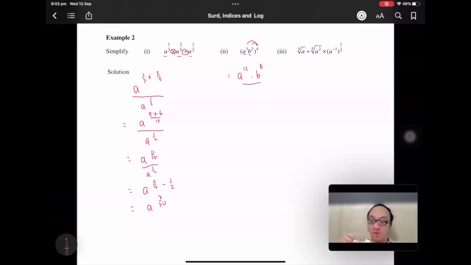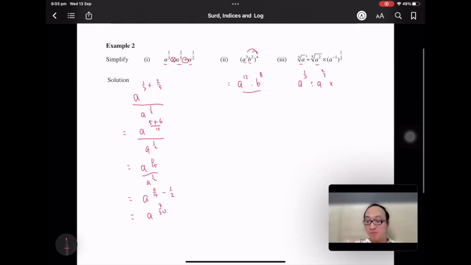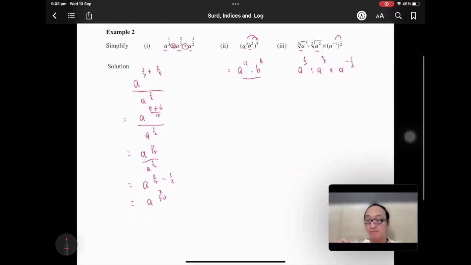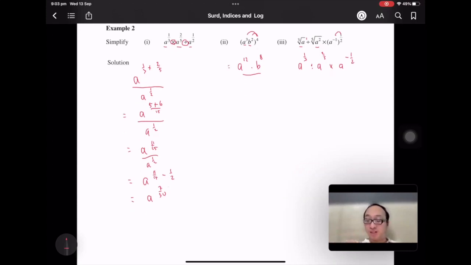The third one, we can express the root in the fractional power. So the first one will be a to the power of 1 over 3, divided by a to the power of 2 over 5, and then multiplied by a to the power of negative 1 over 2. They have the same base, a, so we can combine.